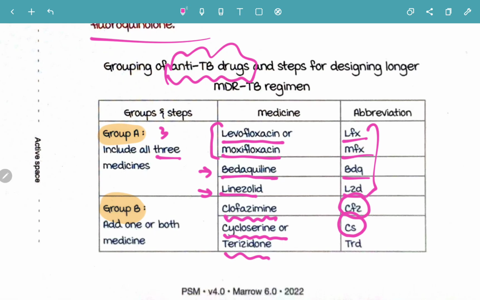CFZ stands for clofazimine. So group B drugs are clofazimine, cycloserine, as well as terizidone. Remember, group B are again 3 drugs: clofazimine, cycloserine, terizidone.